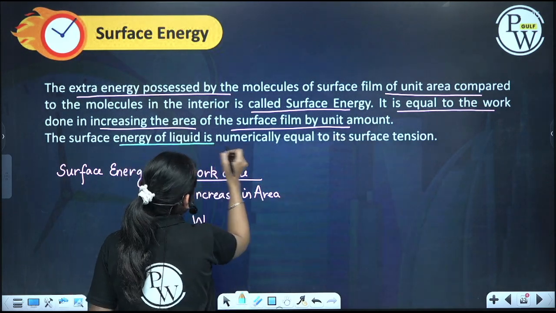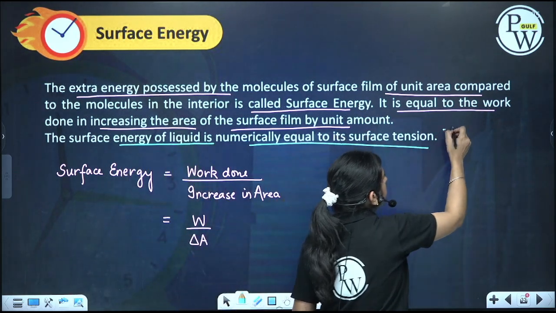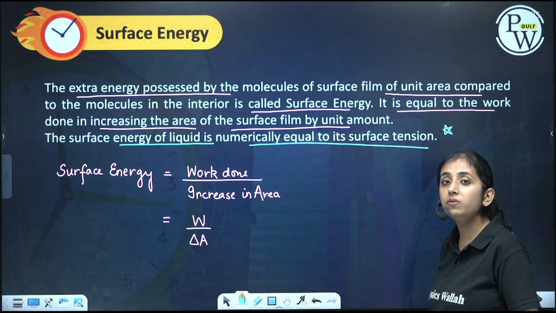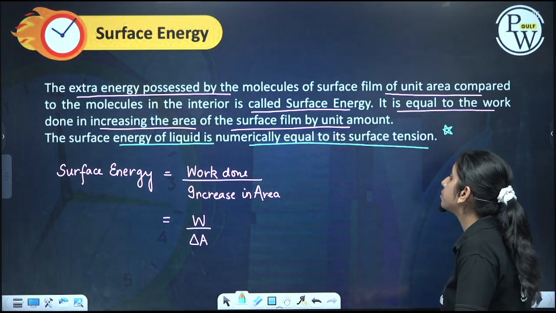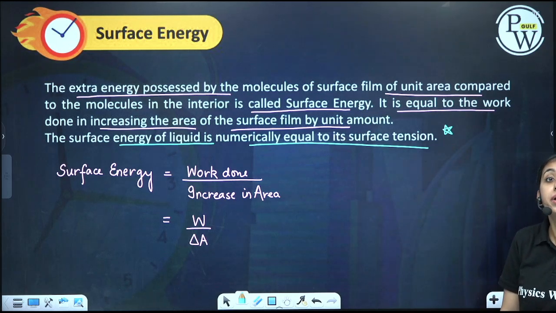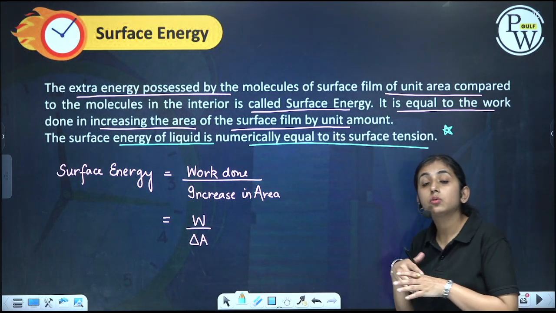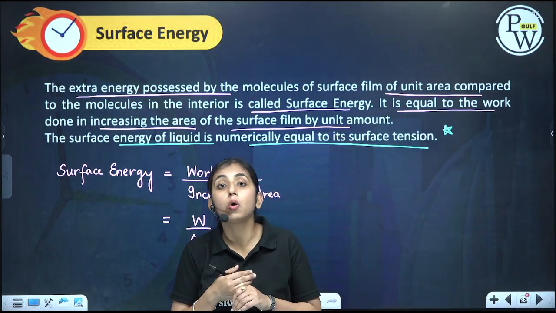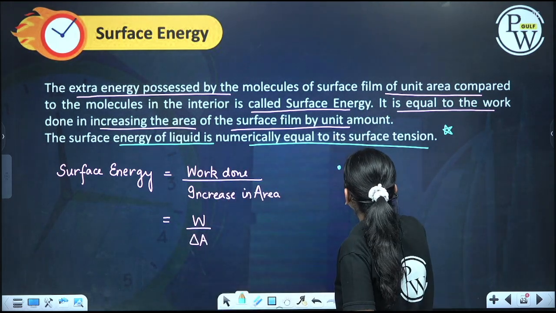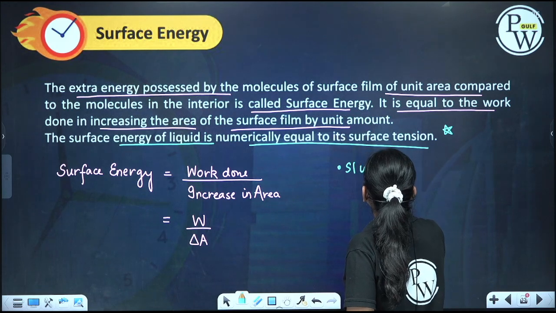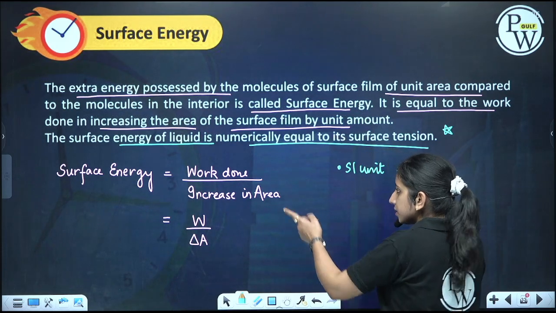Surface energy of any liquid is numerically equal to its surface tension. We can prove this. Why have they written numerically equal? Because it is only equal in magnitude, not in dimensions. If you want to find the SI unit of surface energy, what will its SI unit be? Just check once.